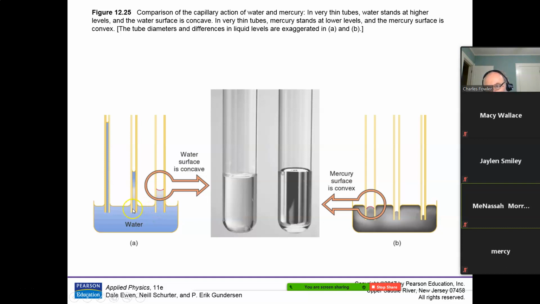On a smaller tube, because it's a smaller diameter, it actually pulls it up higher. And then in a tiny little tube, and this is often called a capillary tube, it pulls it up even higher. Now this is probably somewhat of an exaggeration here for effect. But that's because water has that strong cohesion with other water molecules and strong adhesion with the, excuse me, I've got to sneeze, sorry.